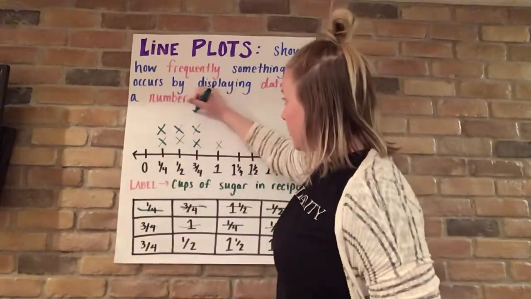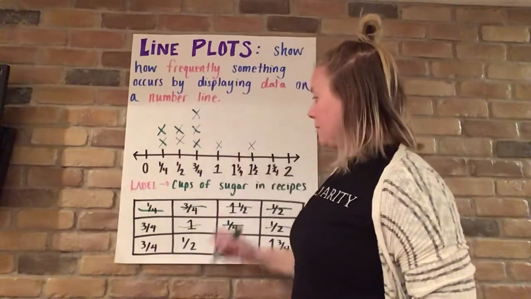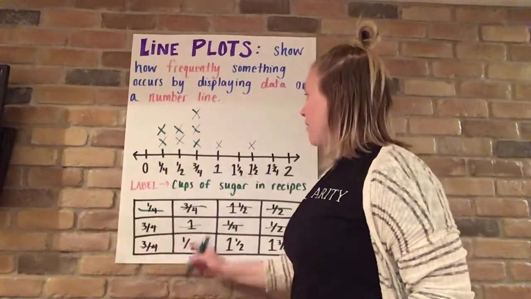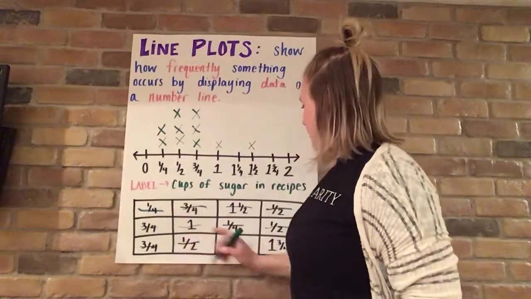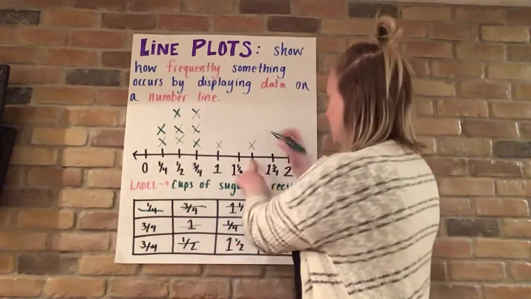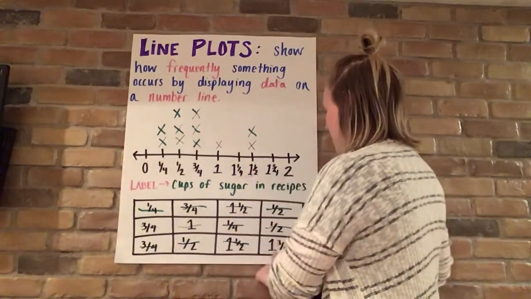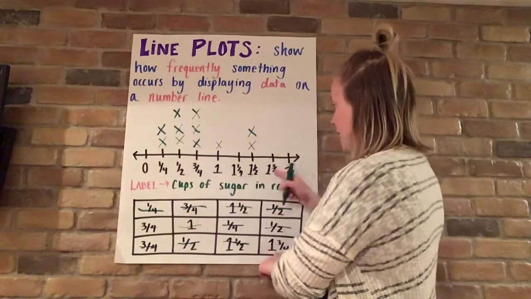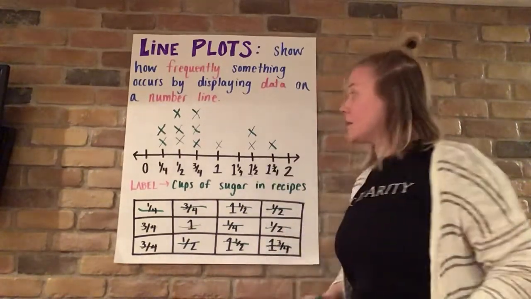Another one for 3/4. See how our lines get taller and taller. 1/2 a cup. Another one. 1½ cups, which has one already. 1 3/4 cup is our last one. Here's 1 3/4. I'm going to plot that out and cross it off.